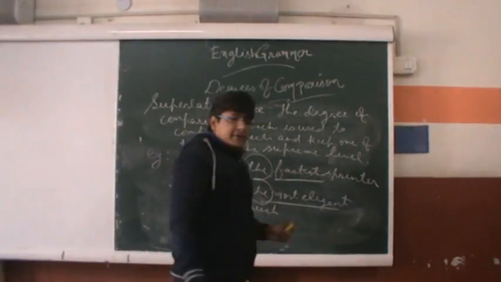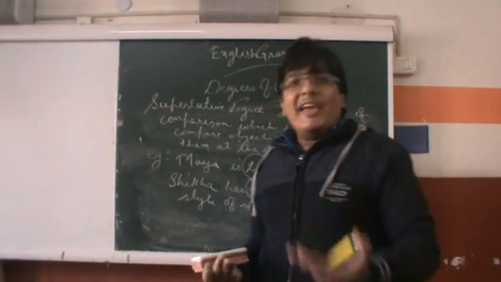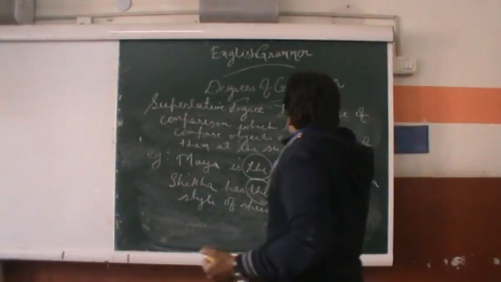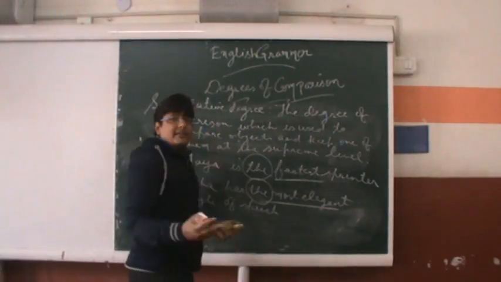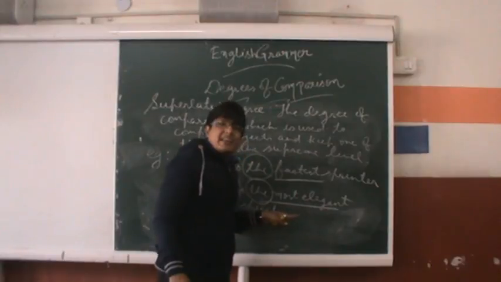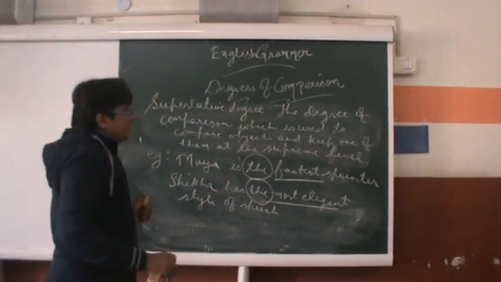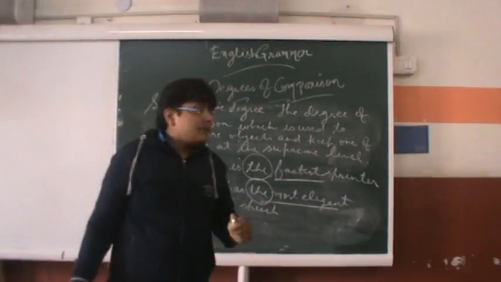Now, students have a very common question in their mind. Sir, why do we have est at the end of some words, while before others we write most? The answer lies here in the syllable.